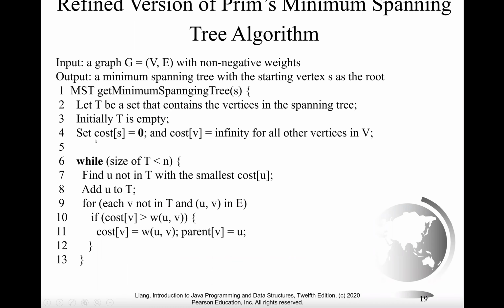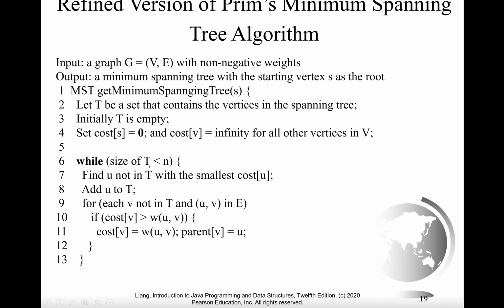We're going to add this data structure, cost, associated with every vertex. So cost of S is 0. So that's the one I'm going to bring in first, to itself. Cost of v is infinity for all the other vertices in V. So we don't know what the cost is to bring them into the minimum spanning tree.